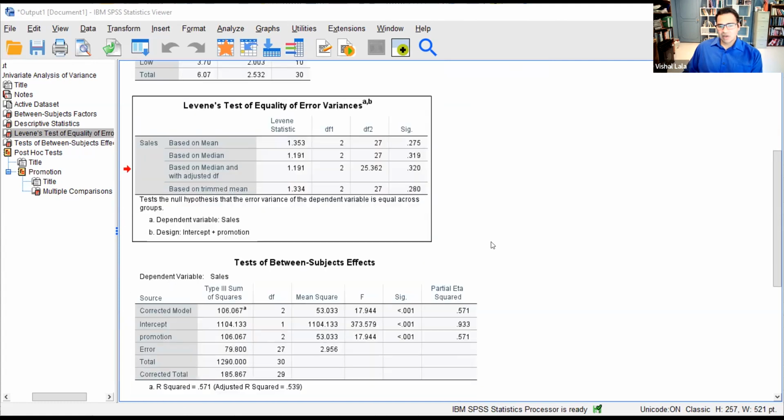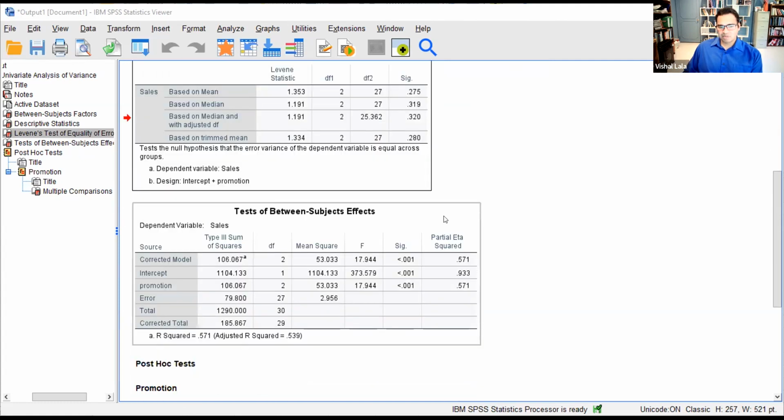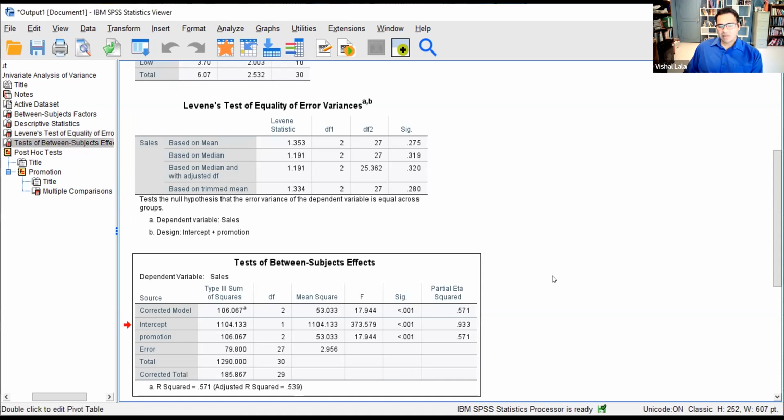Let's go to the heart of this test. The next table talks about the tests of between subjects effects. Here, we're examining the variable promotion, which is our fixed factor impacting sales. We're interested in seeing if the 3 levels of promotion, high, medium, and low, have about the same sales or not.